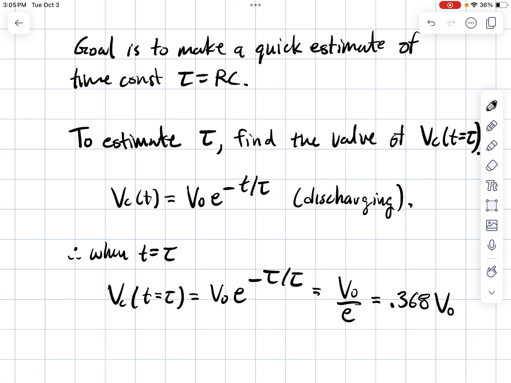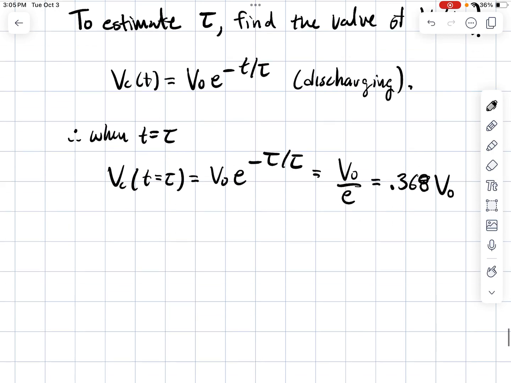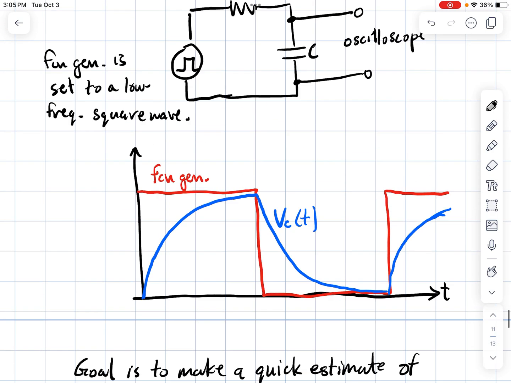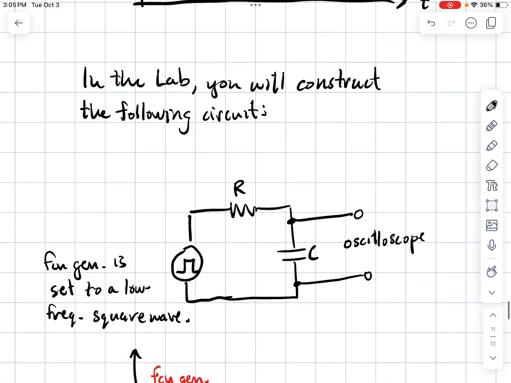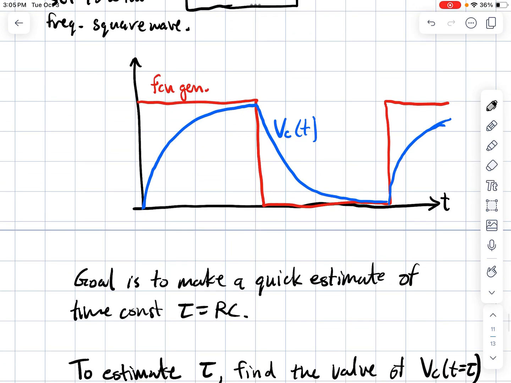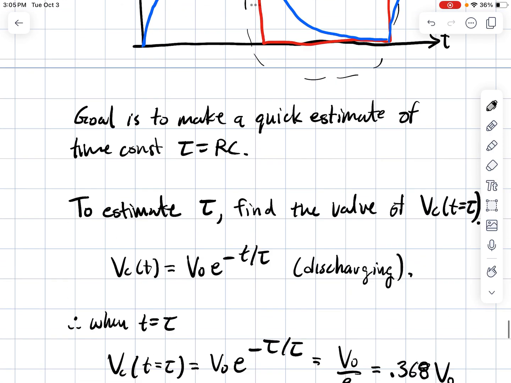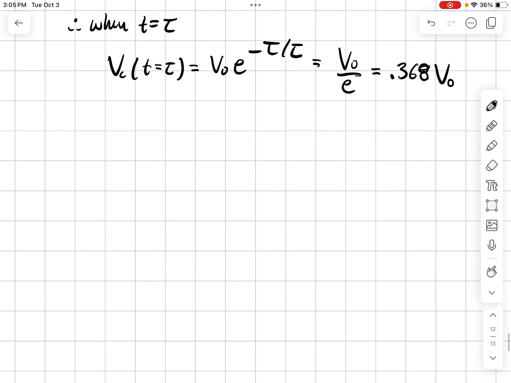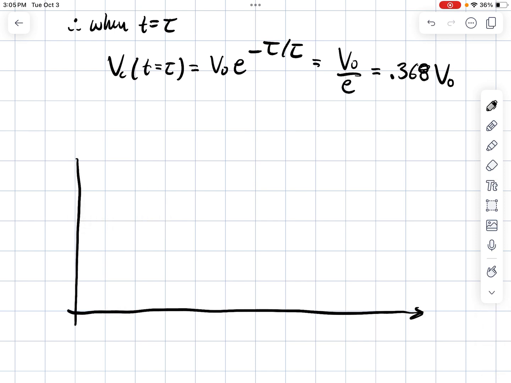So what you're going to do in the lab is you're going to set up the circuit that we drew, so this thing with the square waves. You're going to adjust your oscilloscope display so that you focus in on one of the discharges. And when you do that, what you're going to see is, for the capacitor voltage, Vc of t for the discharging case is going to start at some maximum and it's going to decay down, like so.